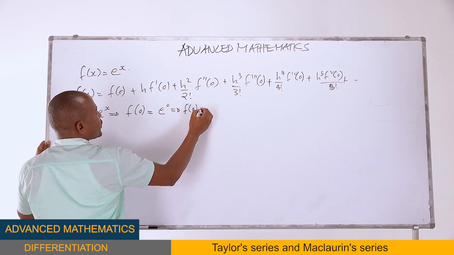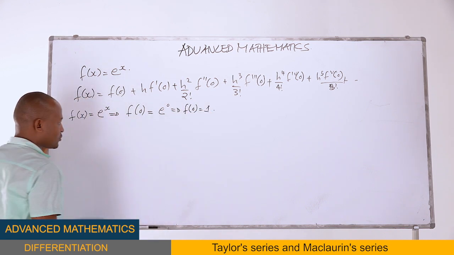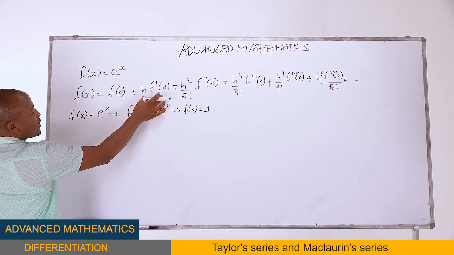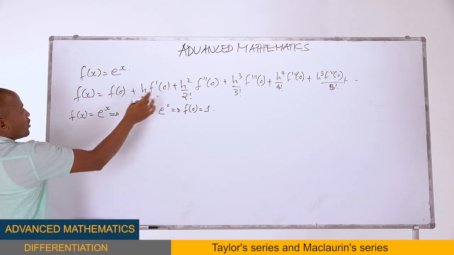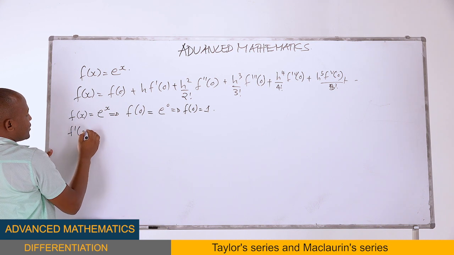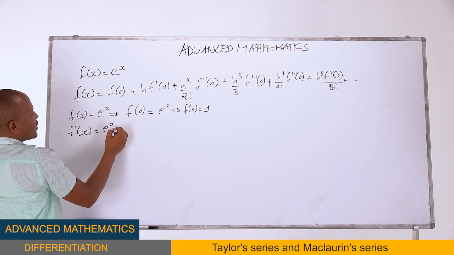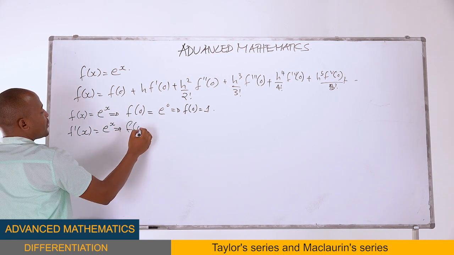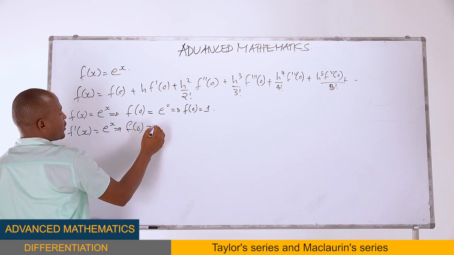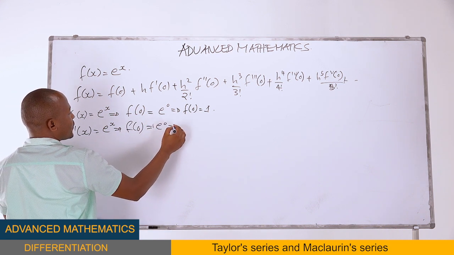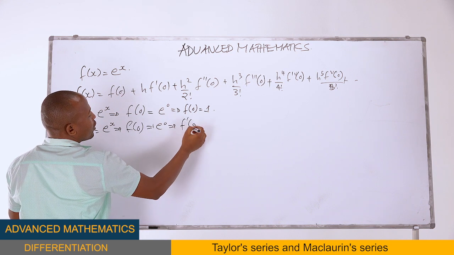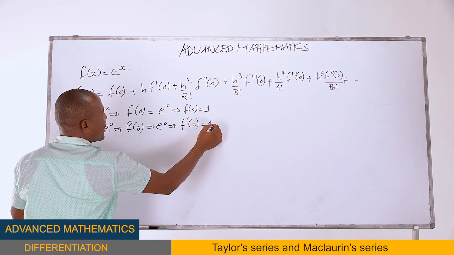That is to say, this equals 1. Let's find the first derivative so that we can find this value. The first derivative of that will be e raised to x. And evaluating that at 0, that is e raised to 0, the first derivative, we know it's 1.